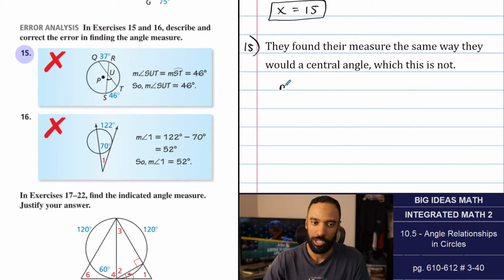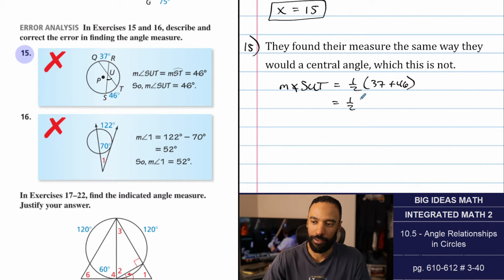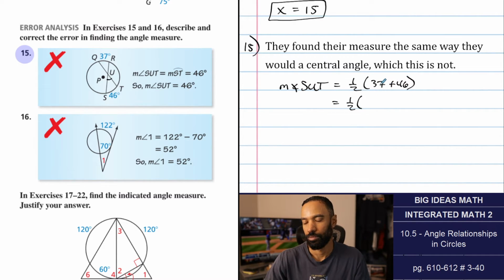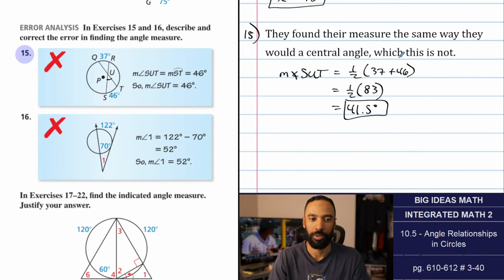Measure of angle SUT. It's going to be half the sum of 37 and 46. So it'll be half of 83, which is 41.5 degrees. Not quite 46, close, sure, but not it.